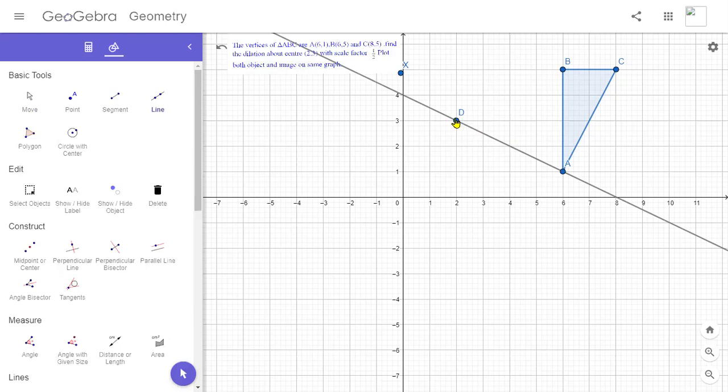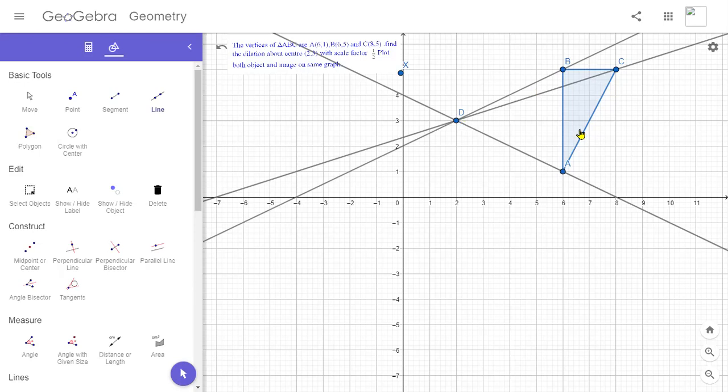Let me take the next point B also, and similarly for the point C. In this third step we have drawn the lines that pass through each vertex of the triangle and also pass through the center of this dilation.